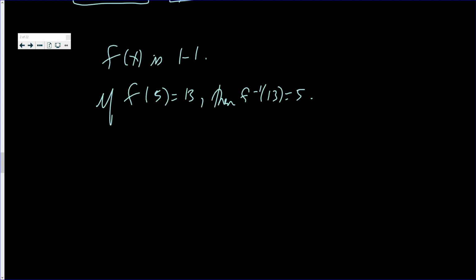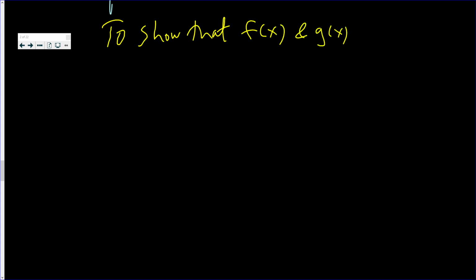To show that two functions are inverses of one another, we have to verify the following. To show that f of x and g of x are inverses of one another.